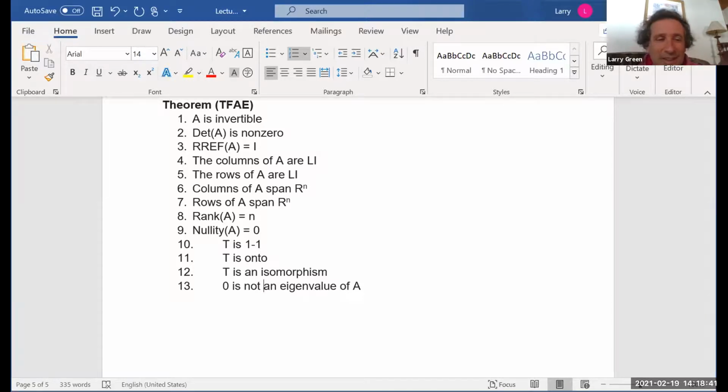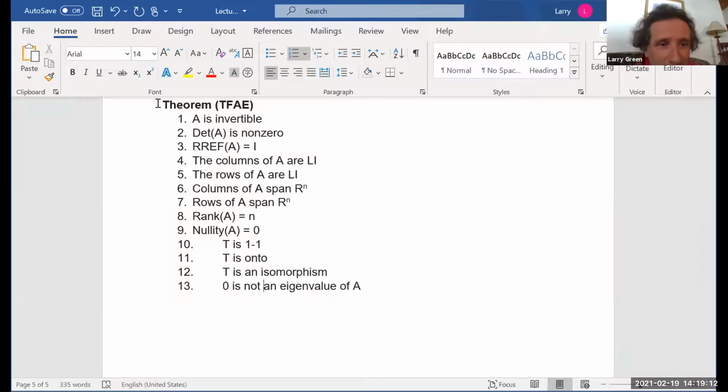Any questions on why this is TFAE? Okay, the other way of looking at it, if you want to prove it a different way, is that if 0 is an eigenvalue of A, then the determinant of A minus 0I has got to be 0. Well, guess what? The determinant of A minus 0I is just the determinant of A. So the determinant of A is 0, and there we go.